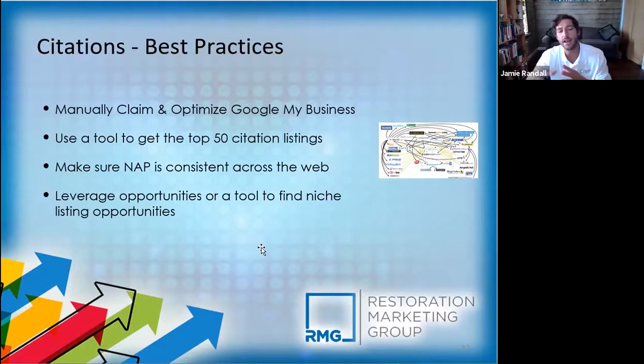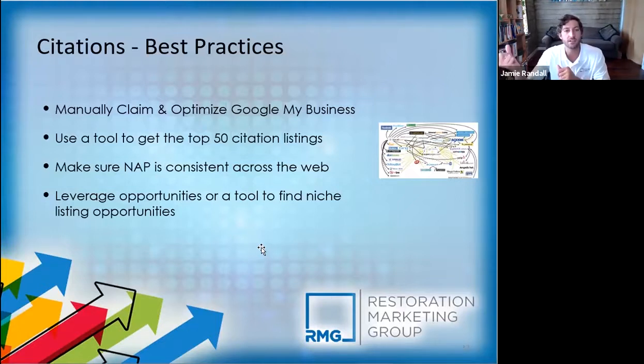And then, one thing I haven't mentioned yet that can be really powerful is if you know of any restoration directories where you can get your citation listed, right? Like if it's specific to your local chamber of commerce, that could be a good high authority citation for you that's location relevant to your market, right?